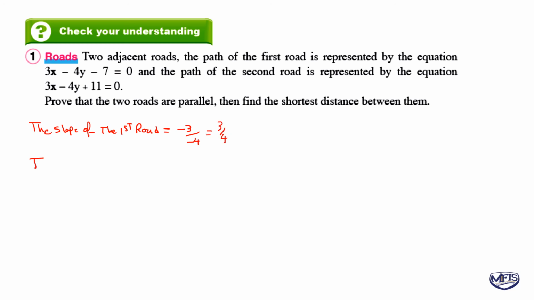And the slope of the second road will equal the negative coefficient of x, negative 3 over negative 4, so it will be 3 over 4. So we have the two slopes equal, then the first road is parallel to the second road.